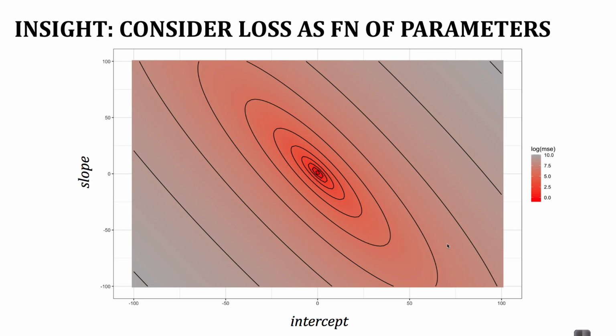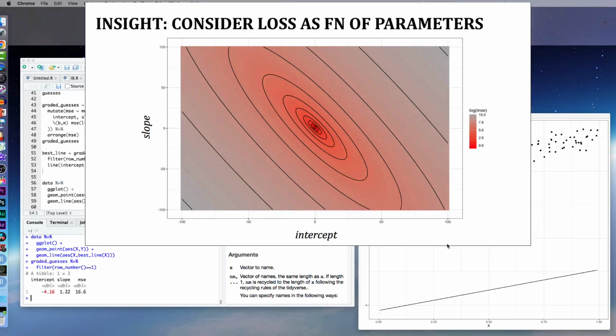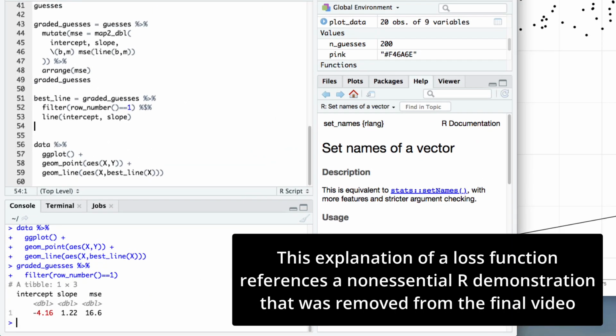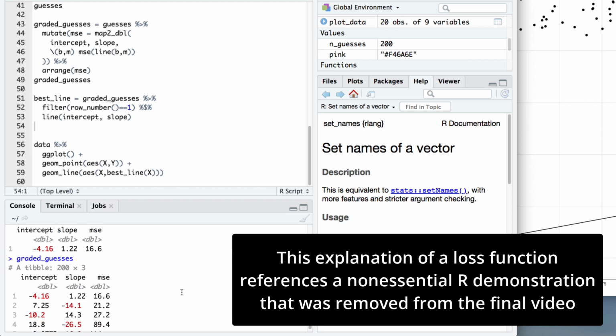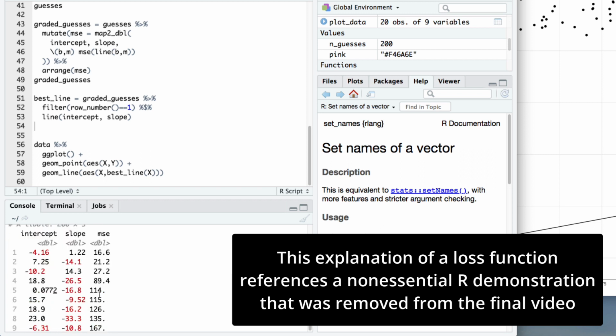Consider the loss, in this case mean squared error, as a function. And by the way, maybe we should explain a little bit more about this loss terminology. Why is it called that? Let's look at this. Graded guesses, okay? You can think of MSE as quantifying the fit, where lower is better. You can also think of this as, how much are you losing?